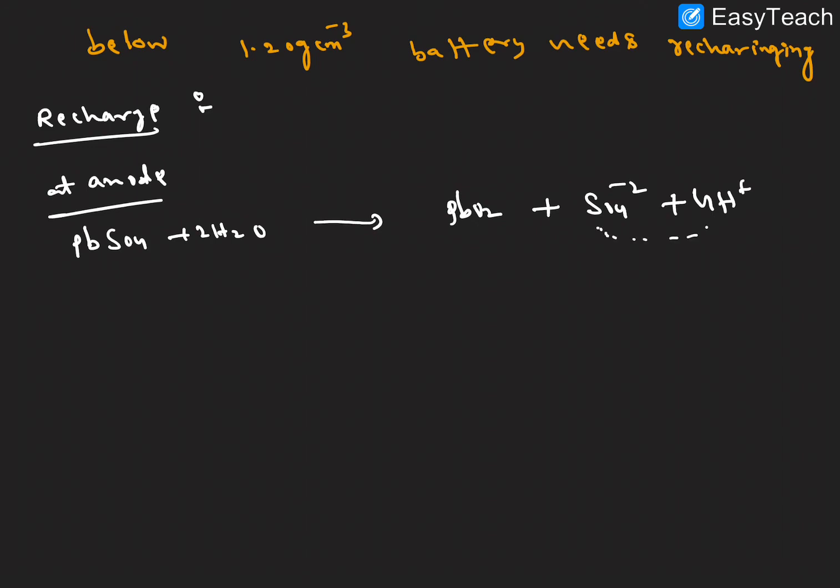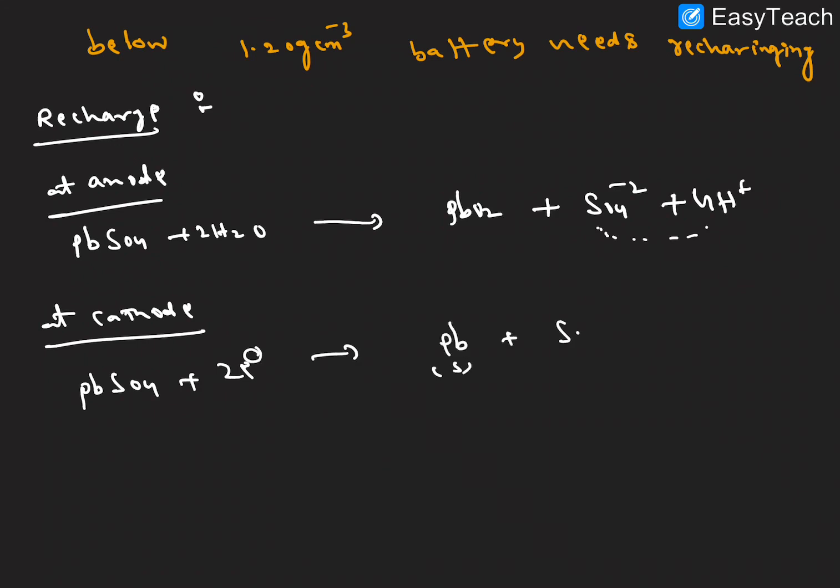This will be combined with this one to form H2SO4. Next, at the cathode reaction, reduction takes place. PbSO4 takes 2 electrons to form solid Pb plus SO4 2-. The reaction is happening here.